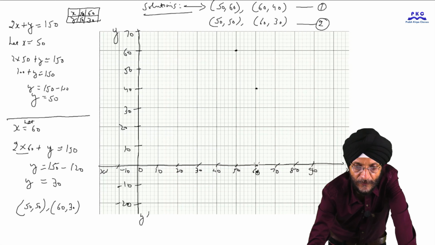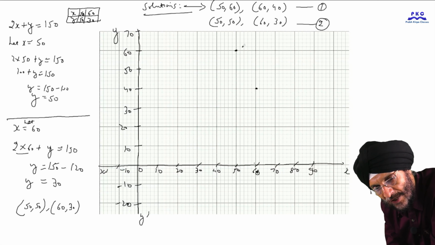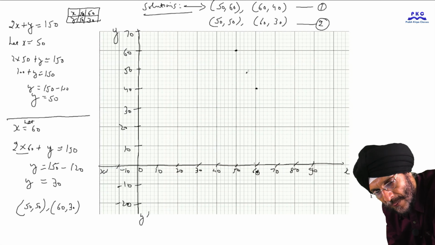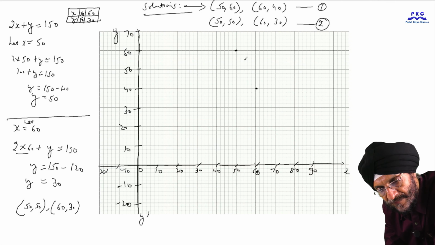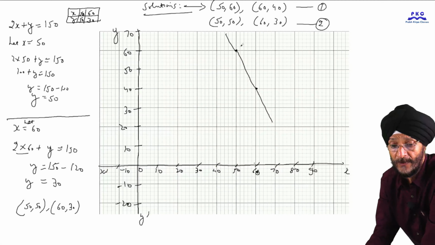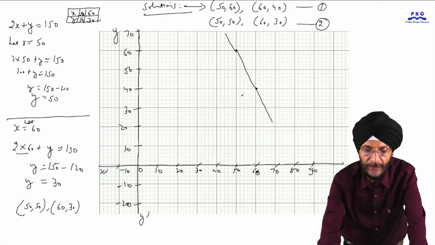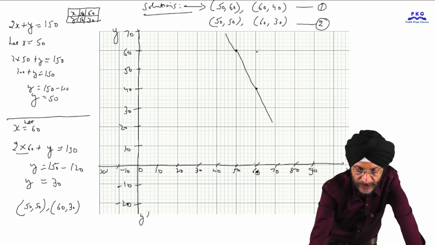So these are the 2 points which we will have to join together. You can join these 2 points with the help of a scale, and it will be a very straight line. So this is the first situation.